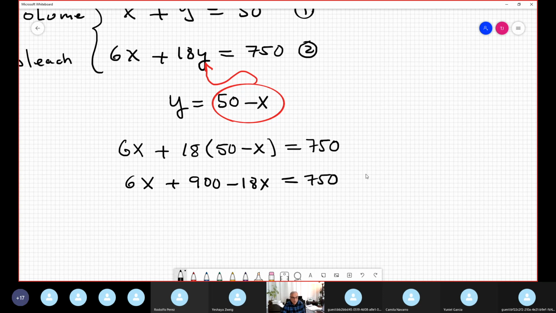And the recipe is okay. Combining, the 6 and negative 18 is minus 12x.